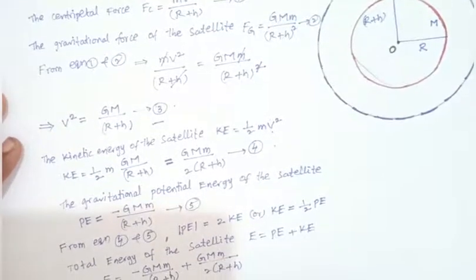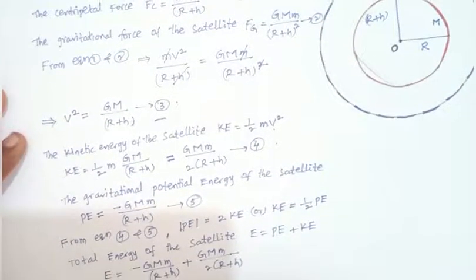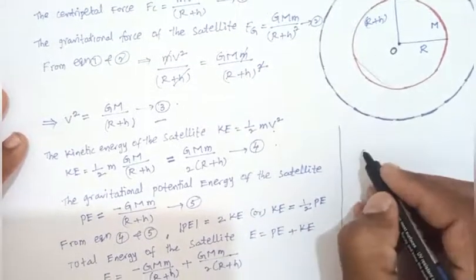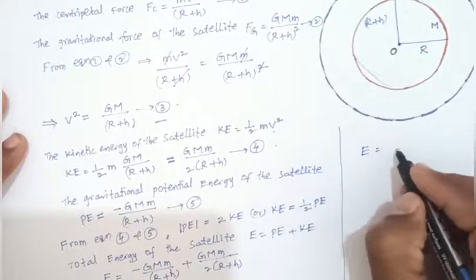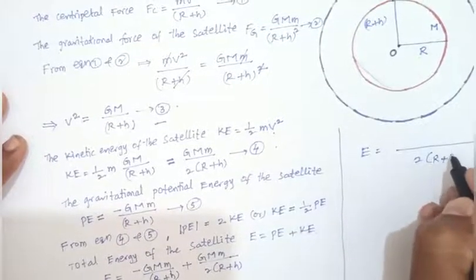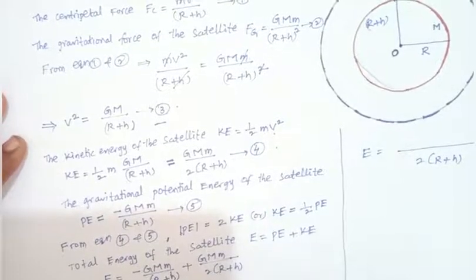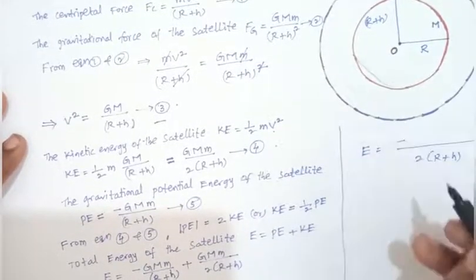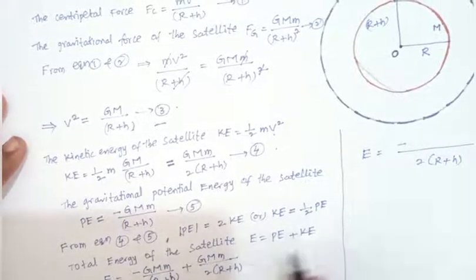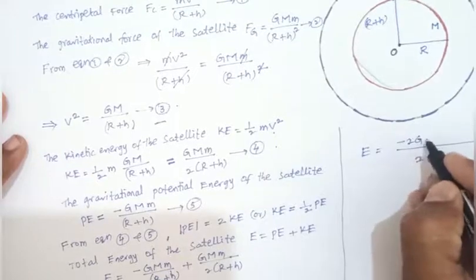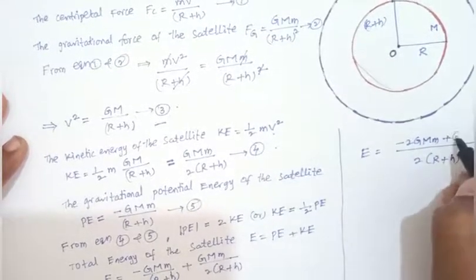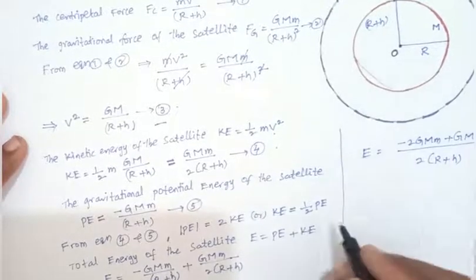Okay, in this equation the LCM is taken. E equals LCM, which is 2 into (R plus H). Then it is minus 2 G capital M small m plus G capital M small m.